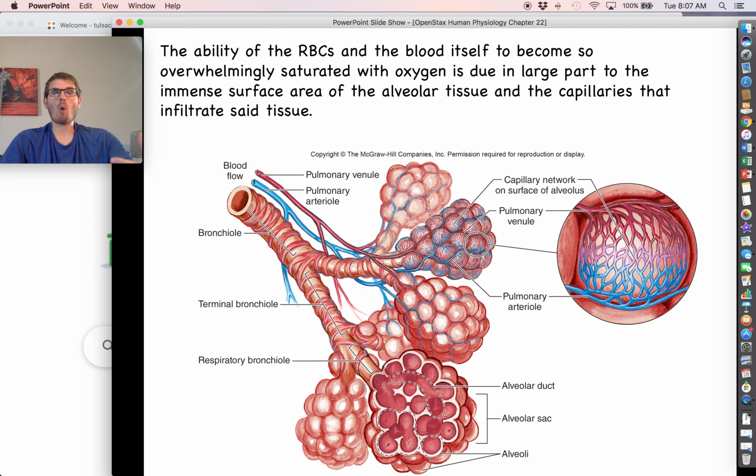A big reason why we're able to get so much oxygen is the immense surface area of the type 1 alveolar cells. That allows for very efficient gas exchange, which is very important in our ability to get oxygen into the blood very quickly. If the surface area here was significantly less, we might be having a different conversation about our ability to carry oxygen.